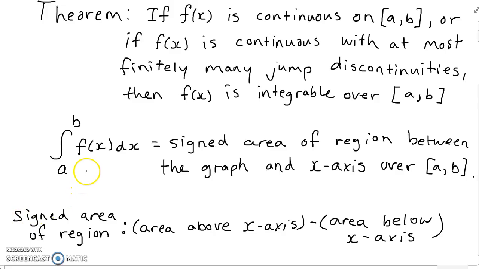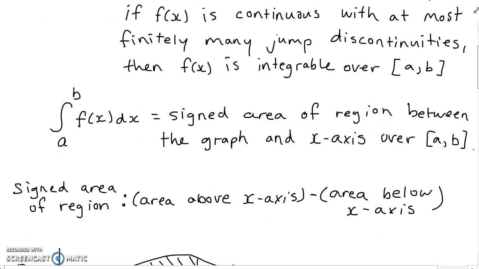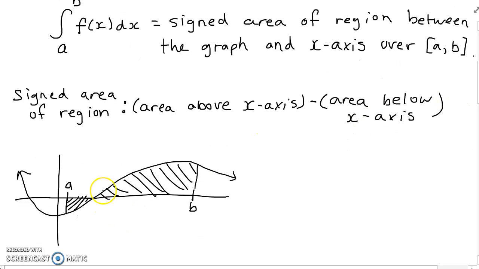So the integral from a to b of f of x dx is the signed area of the region between the graph and the x-axis over [a, b]. The signed area of a region is the area above the x-axis minus the area below the x-axis. Visually, if we take the integral of this graph, which we can call f of x, we get the signed region.